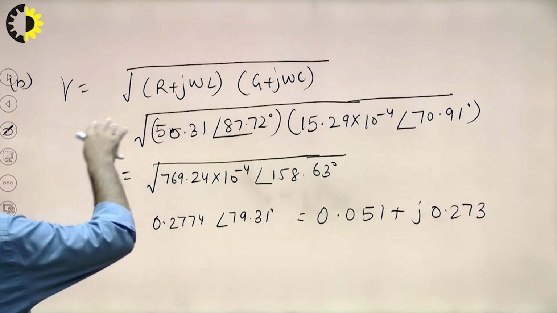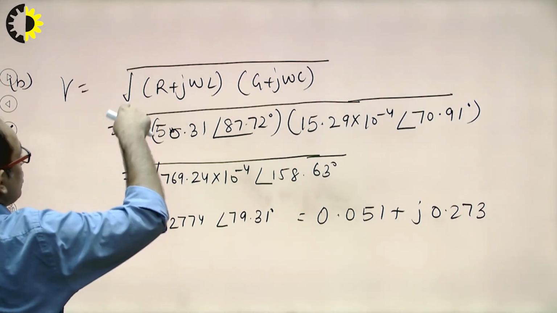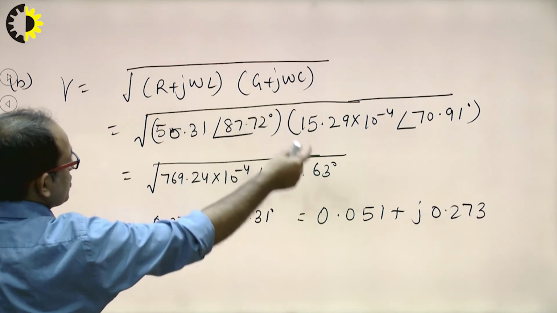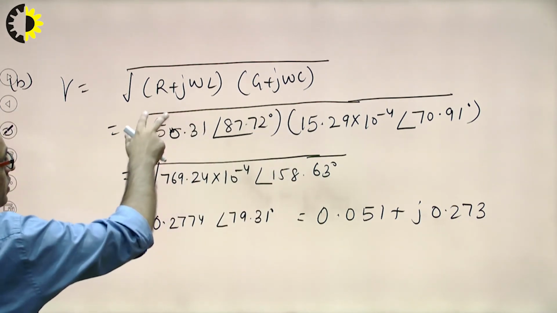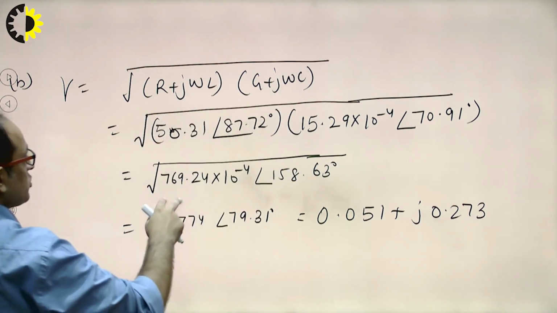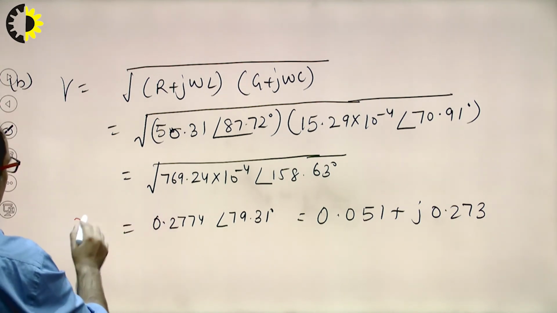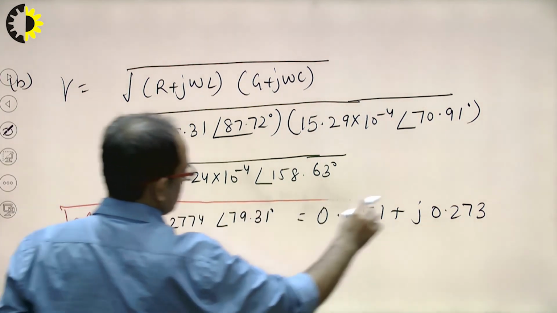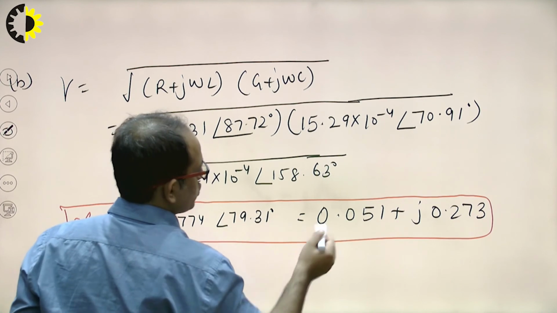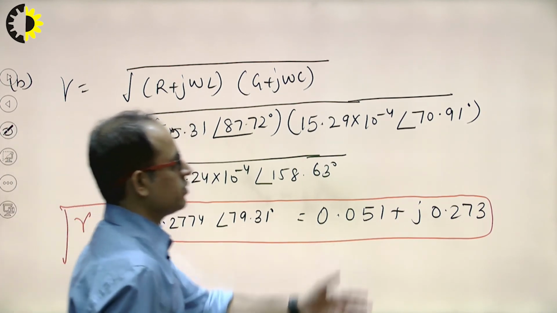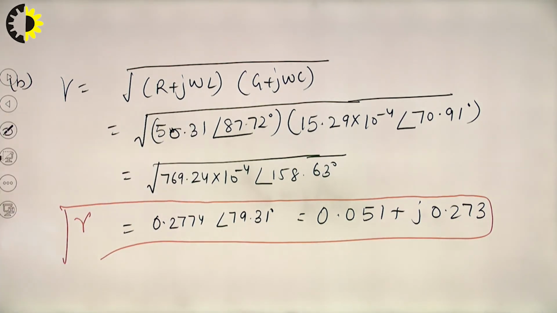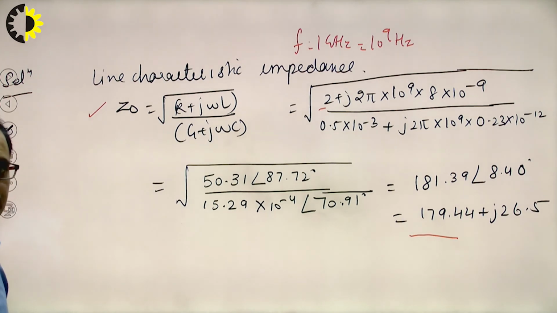And gamma equals root of (R plus j omega L) into (G plus j omega C). Just put the values and you will get gamma, that comes out to be 0.0151 plus j 0.273. Clear?